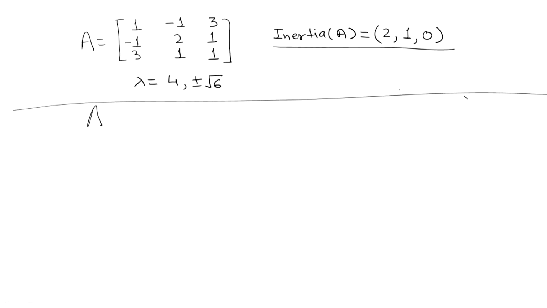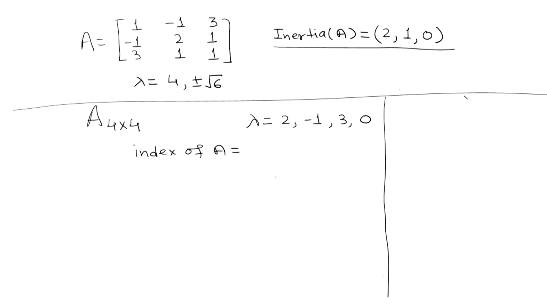So, for example, if you have a 4 by 4 real symmetric matrix A, and the eigenvalues of A are, let us say, 2, -1, 3 and 0, then we define the index of A as the number of positive eigenvalues, or the number of positive entries in the diagonal representation of A. Since A is symmetric, I can always write A equals Q D Q transpose, with D having diagonal entries 2, -1, 3, 0.